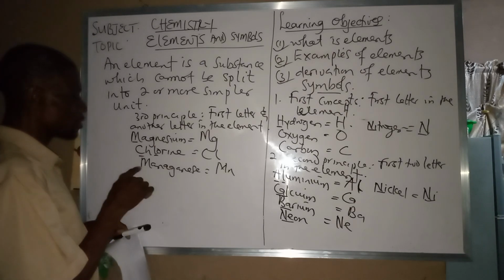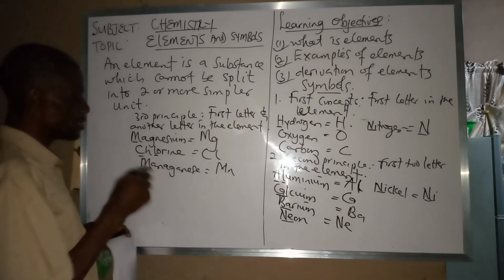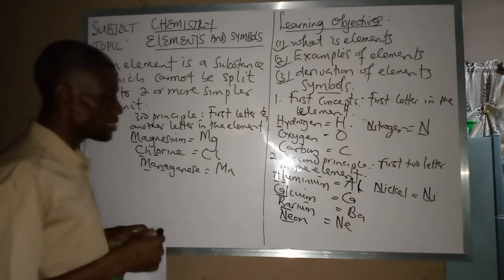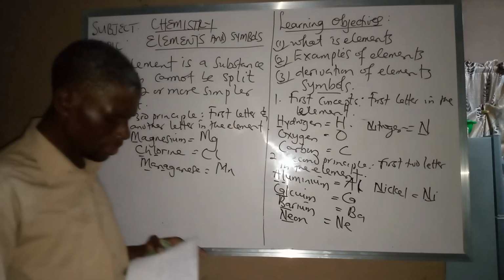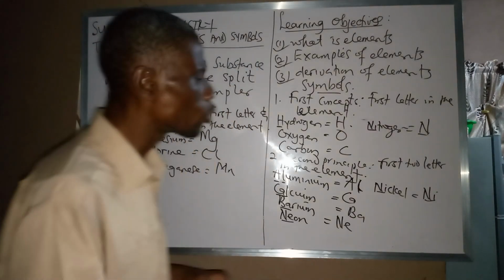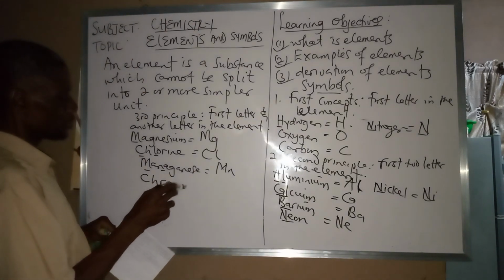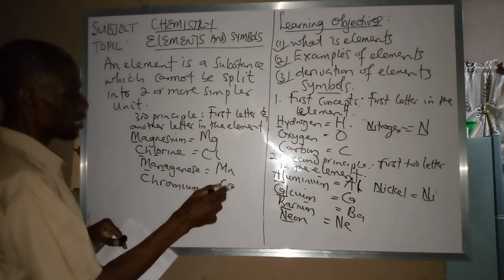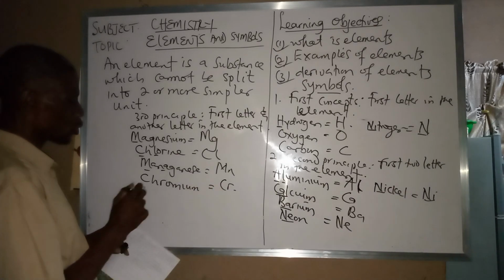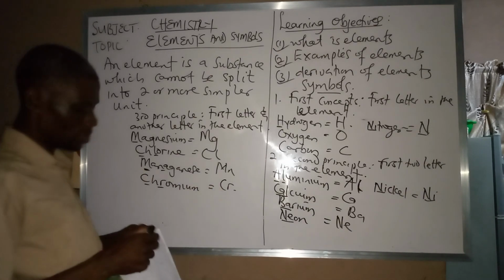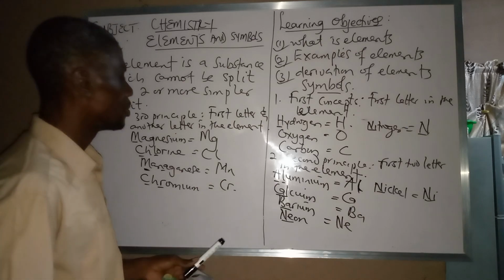We got them from the first letter and another letter inside the element, manganese, and the rest like that. What about chromium? Chromium is another element. Cr. Anywhere I see Cr means what? Chromium. So that's what we are saying. So, elements and their symbols. That's how we call it.